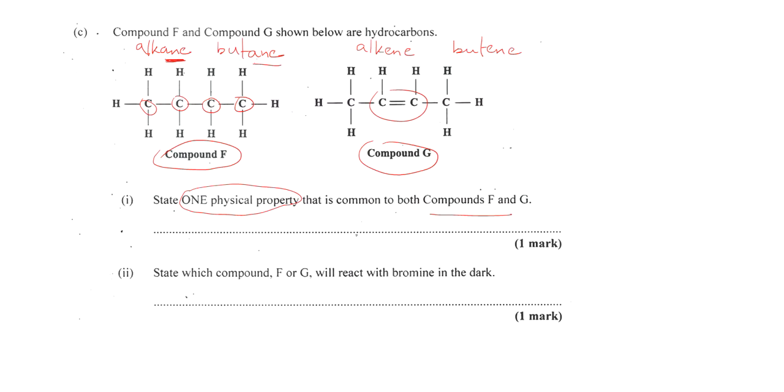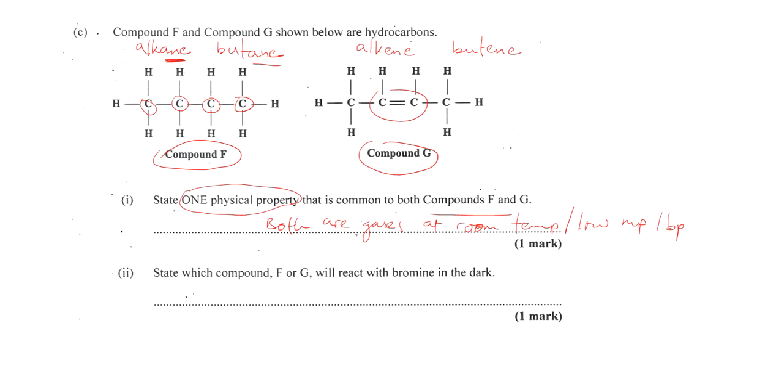Some countries use butane as cooking gas. So we can say both of them are gases at room temperature. Right? You can also say they have low melting point and boiling point.